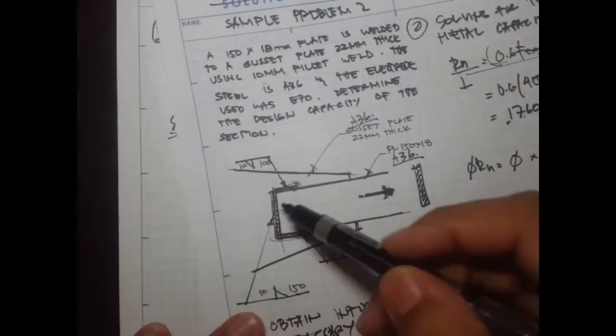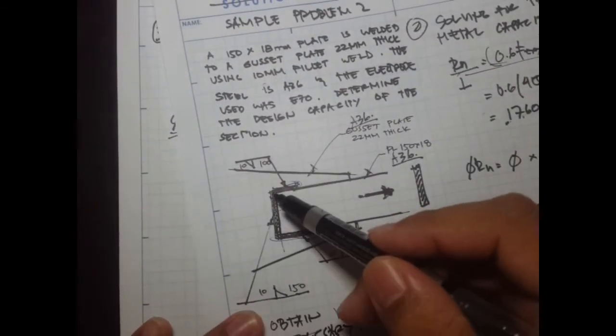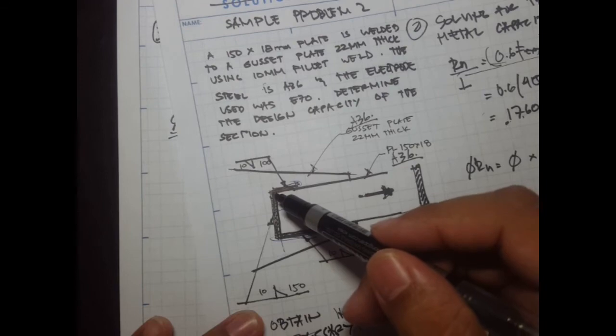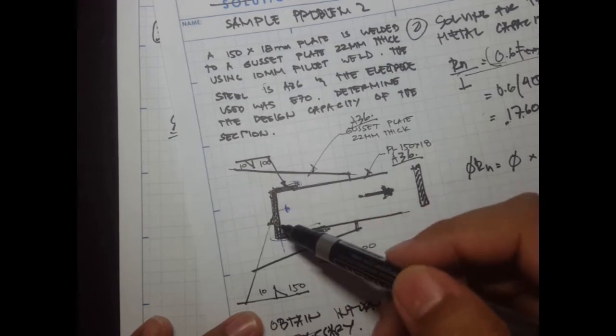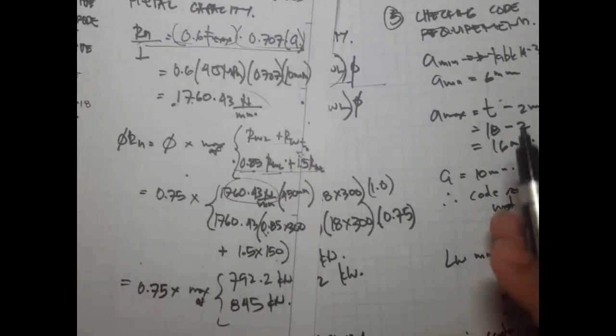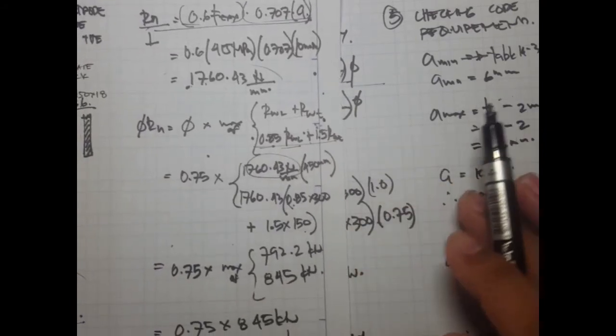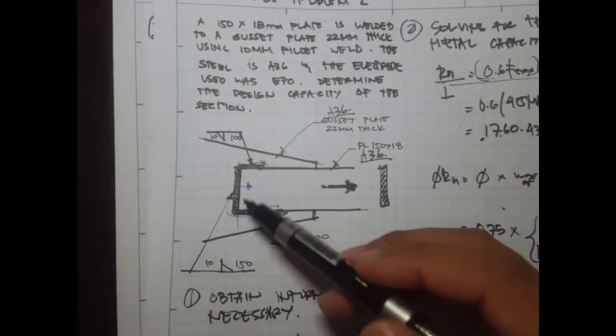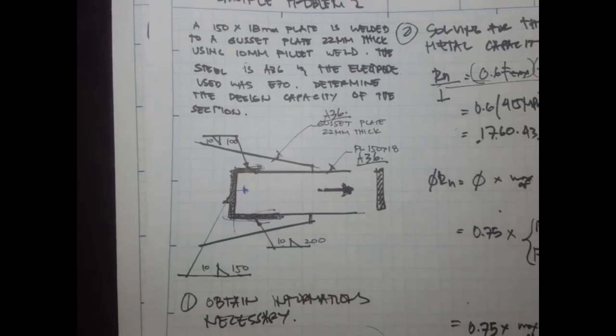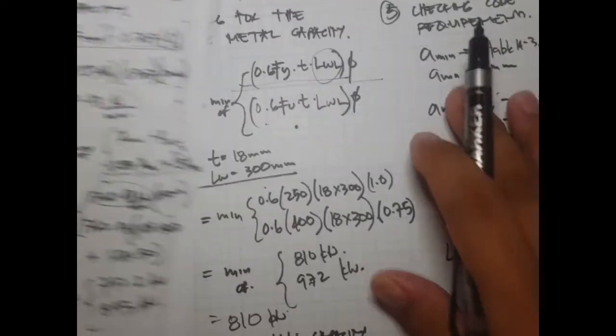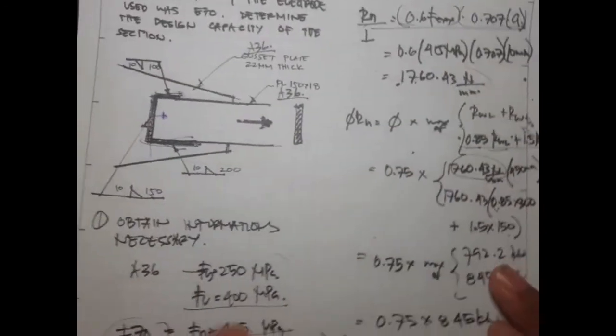Because this one would be in tension, meaning we have to evaluate this in tension. I guess there'll also be equations for tension as well, but since we haven't considered it here, we'll just use this one.